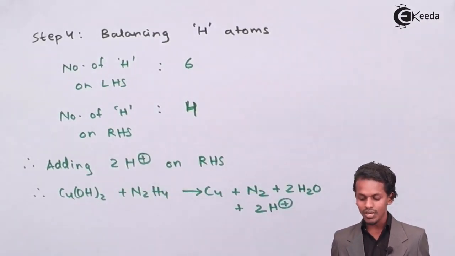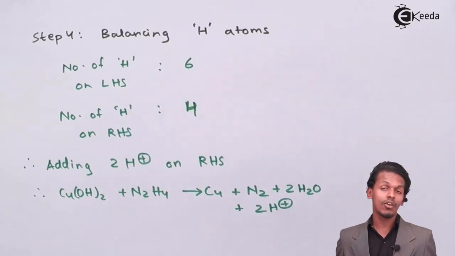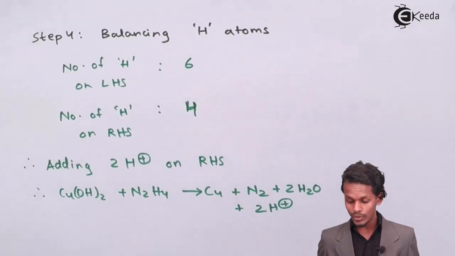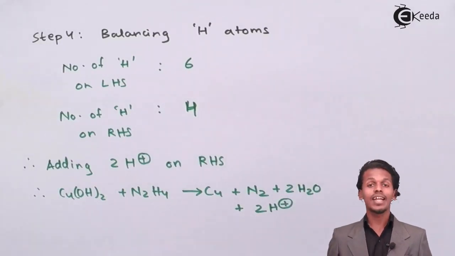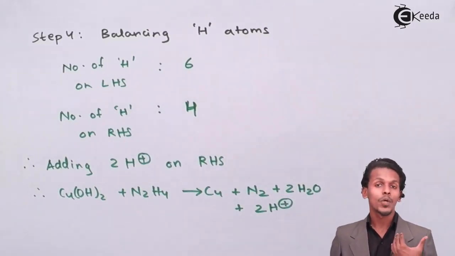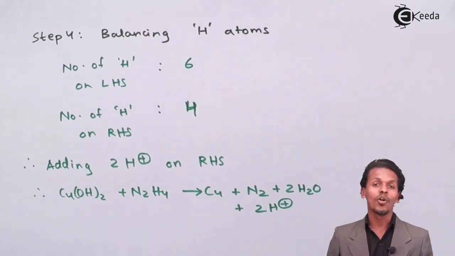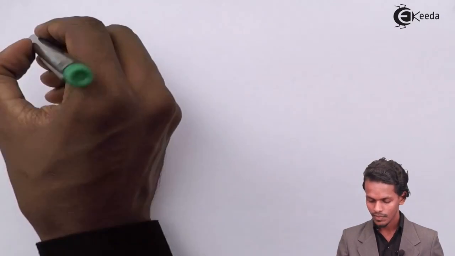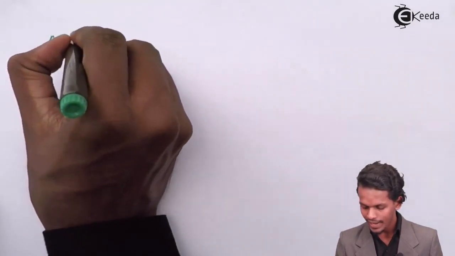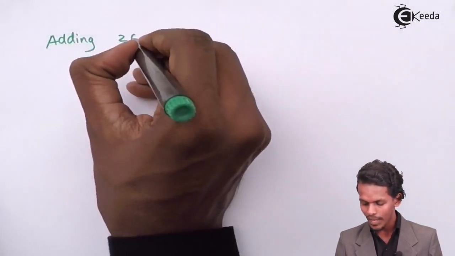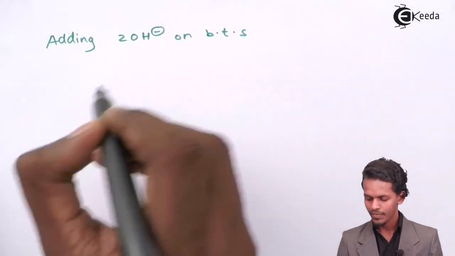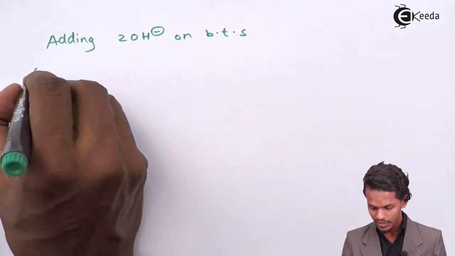But this is not balanced in a basic medium. So for that we have to neutralize this H plus. For that instance we are going to add OH minus ion, but on both the sides. So therefore, adding 2 times of OH minus ion on both the sides, we'll get an equation.